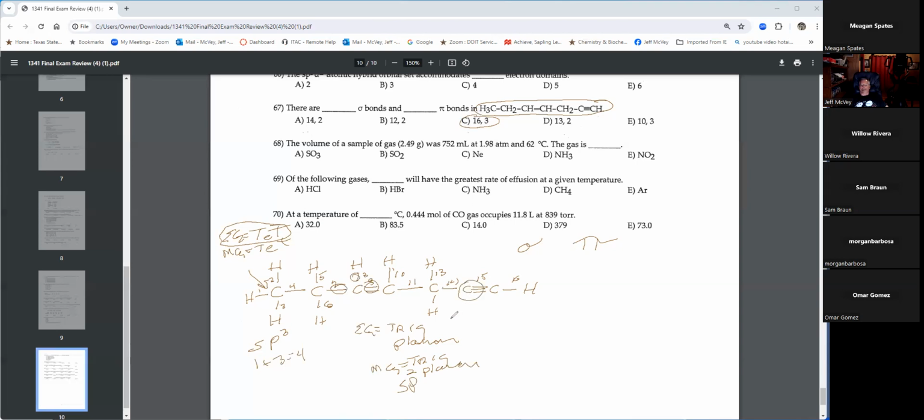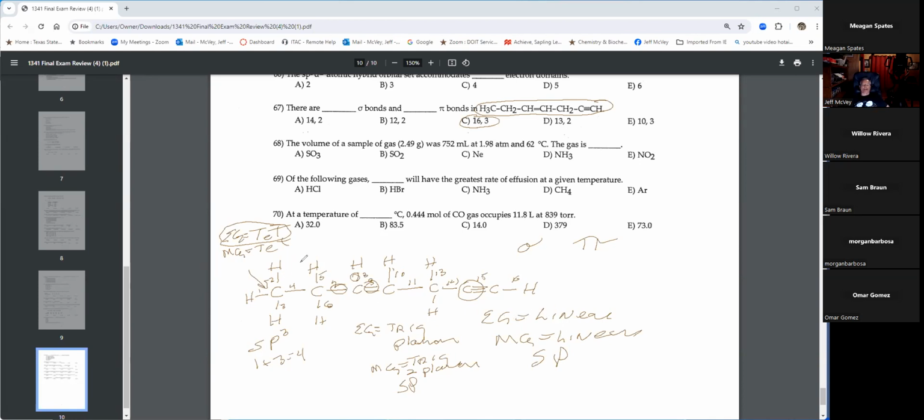Okay, this one right here. What's my electron geometry? Linear. What's my molecular geometry? The same. Linear. What's my hybridization? sp. That's it. Good job. All right, one more thing.